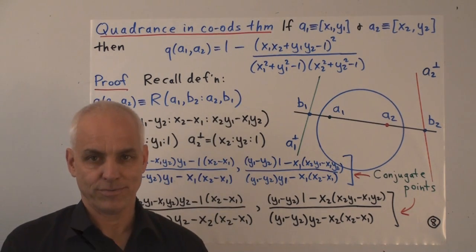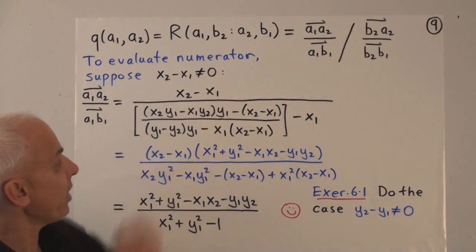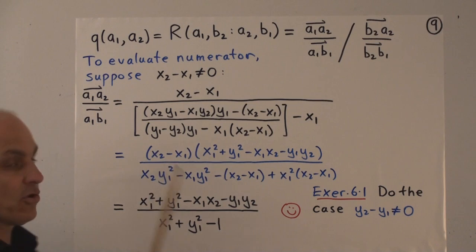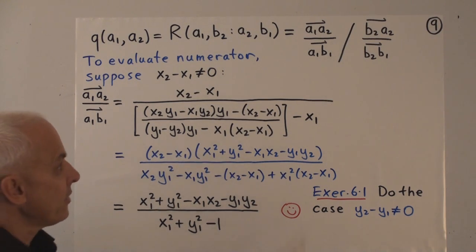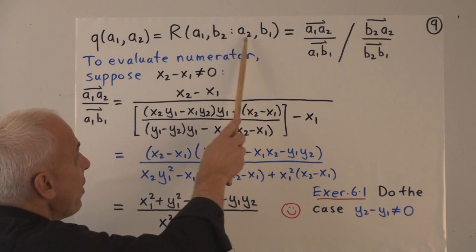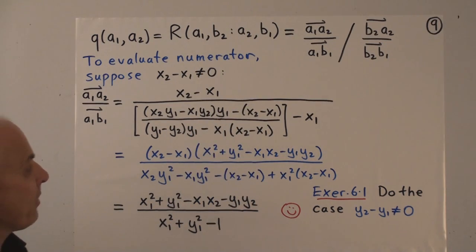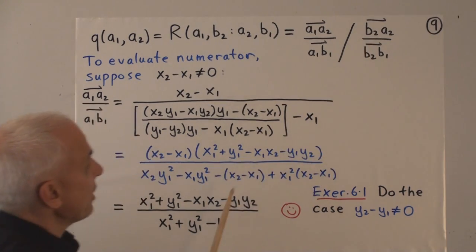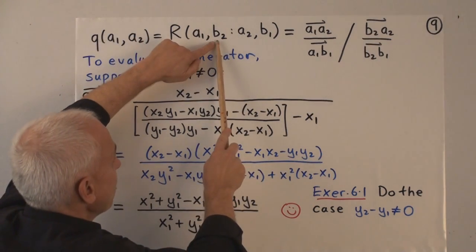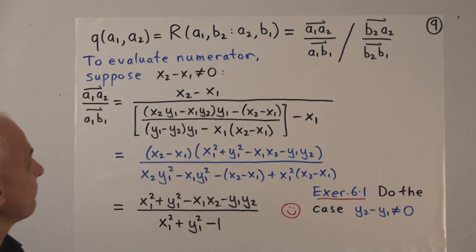So now we have all 4 points at hand, and now we can try to compute this all-important cross ratio. The cross ratio A1 B2 to A2 B1 is a ratio of ratios. The first ratio is between 2 vectors, the vector A1 A2 and the vector A1 B1. And we have to divide that by a similar kind of ratio, the ratio between the vector B2 A2 and B2 B1.